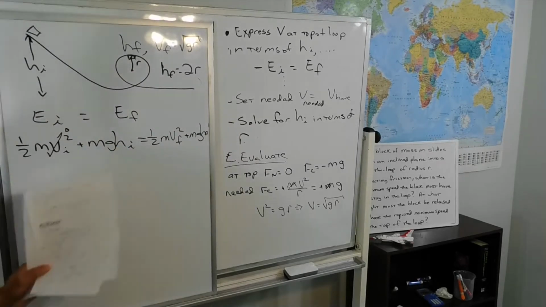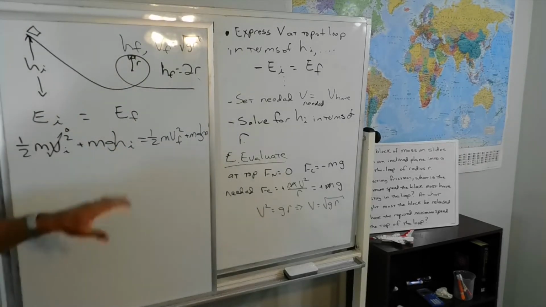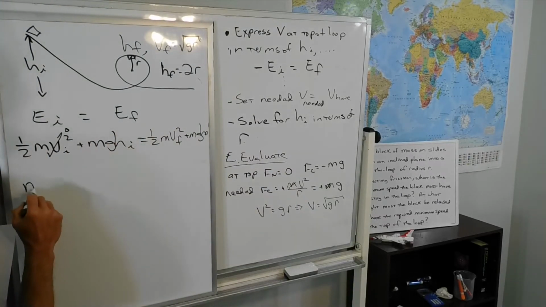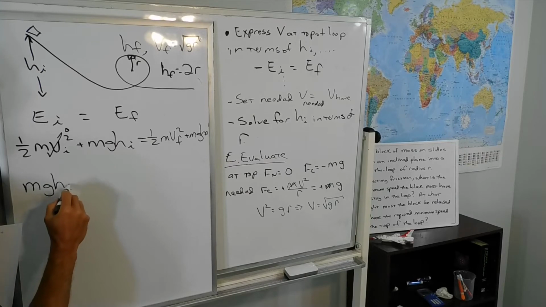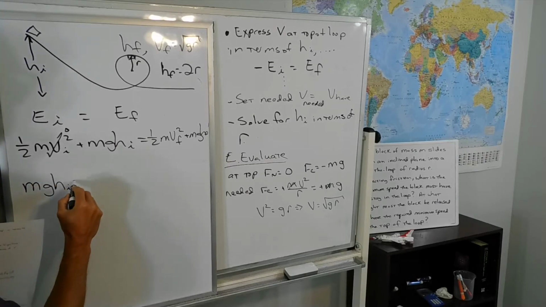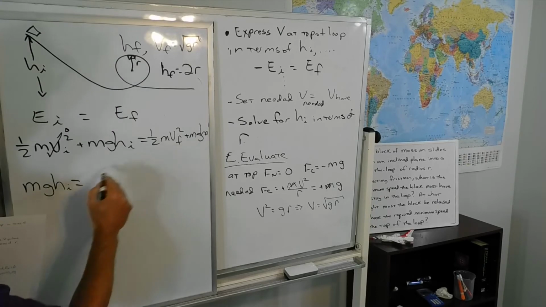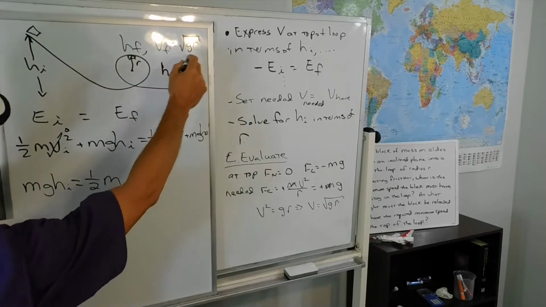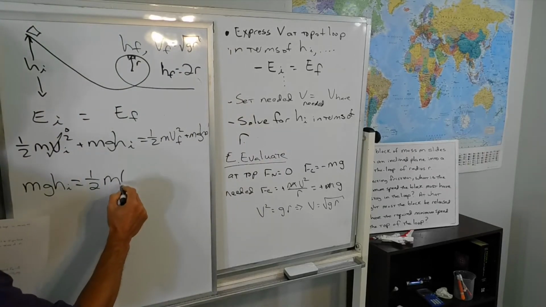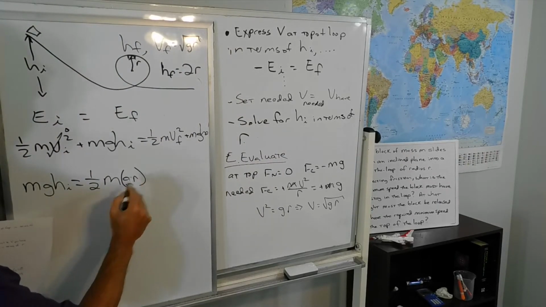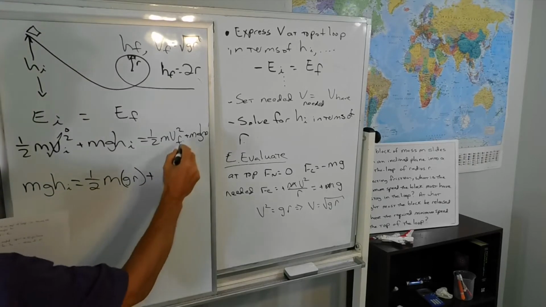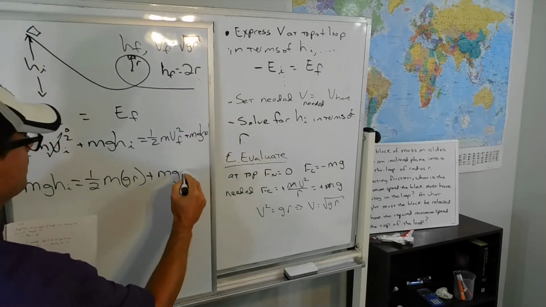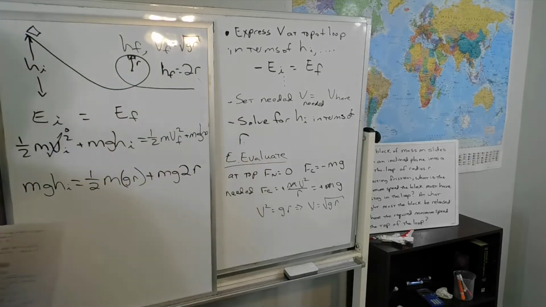So now let's just express this in terms of other things. The unknown is h initial, right? So we have m, g, h initial. Keep in mind this is the unknown we're trying to solve for. Now let's plug in 1/2 m v final squared. Well, v final is the square root of gr, so v final squared is just gr, and then plus mg h final, but h final, we decided that was 2r.